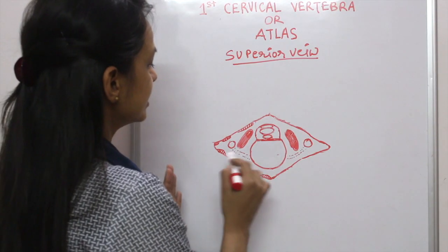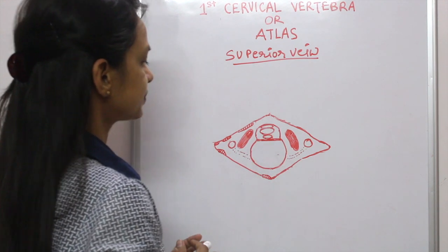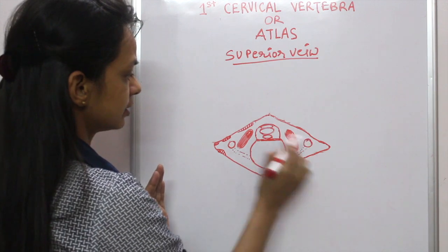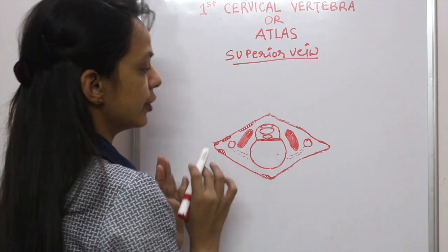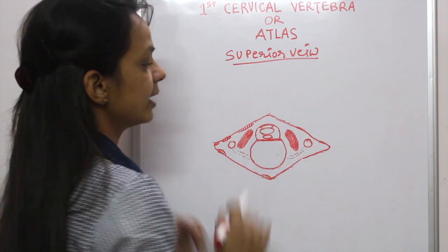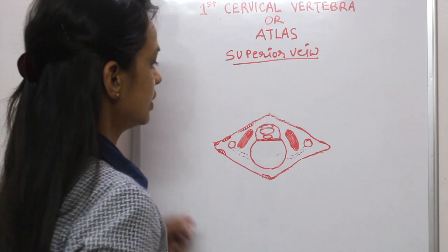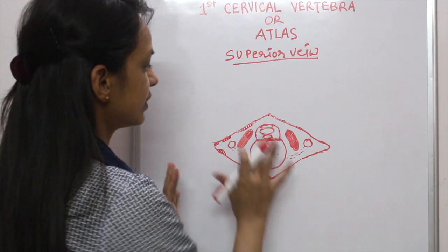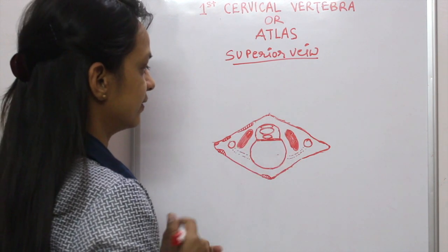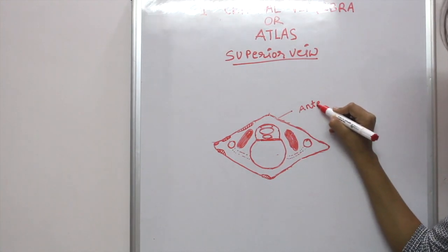So as you can see, this is the superior view of the first cervical vertebra, or atlas. It is ring shaped. It has neither a body nor a spinous process and it is broader than other cervical vertebrae. So let's understand the different structures of the first cervical vertebra. This is the anterior arch.